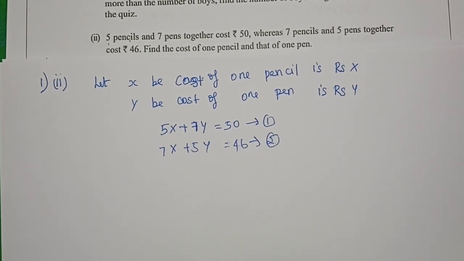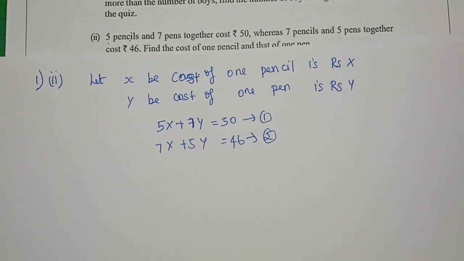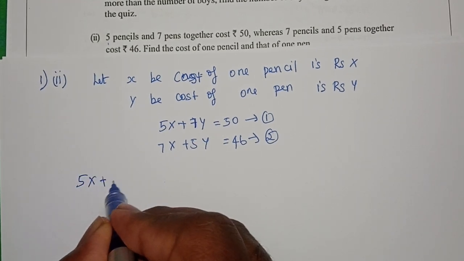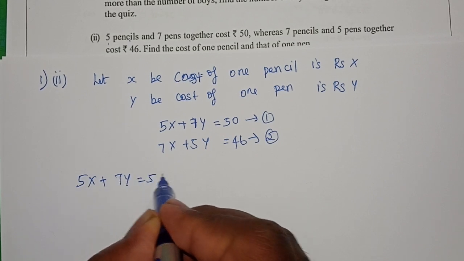Then we need to perform the graphical technique, so we will be taking the values. For the first graph, 5x plus 7y is equal to 50.